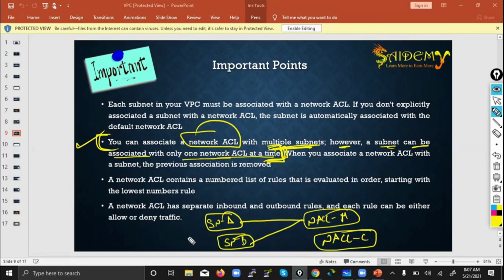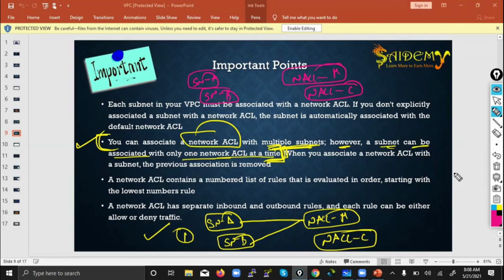Fine. That means the first is correct. What is the second scenario? Subnet A, subnet B, NACL main, NACL custom. However, a subnet can be associated with only one NACL at a time.